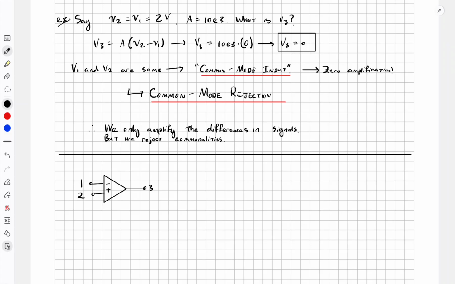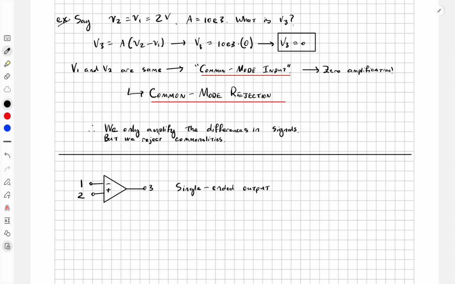There are two inputs, but then the output is just one. We call this a single-ended output. And this is the kind of op-amp that we will study in this course.